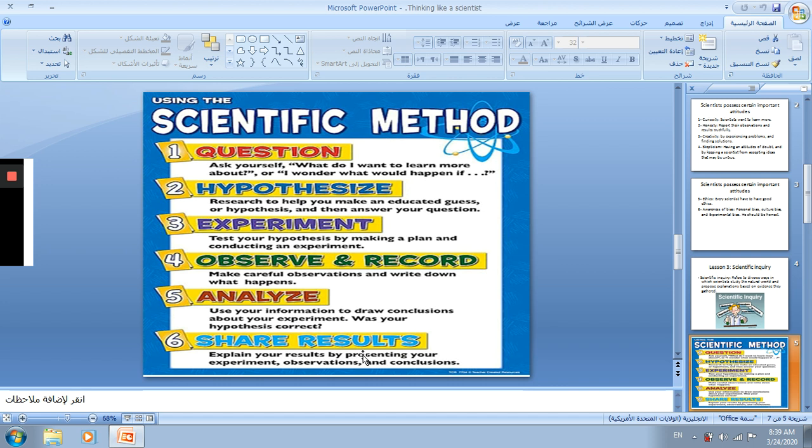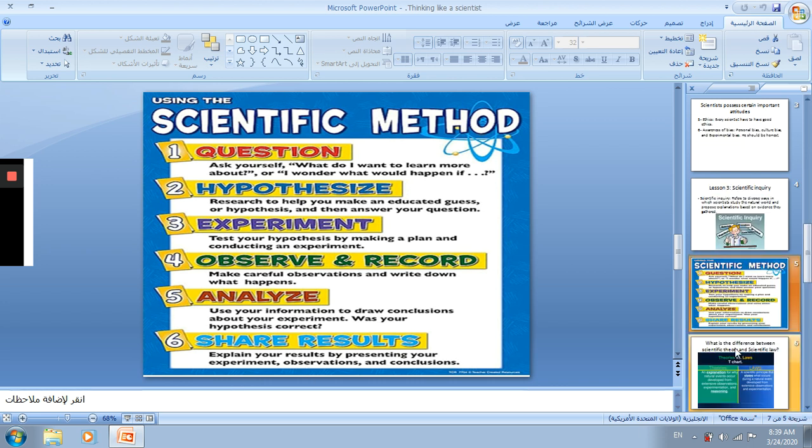They can get the right conclusion or right answer for your first question, and they can tell you if your hypothesis is right or not. So these steps should be memorized in order. Again, in order.